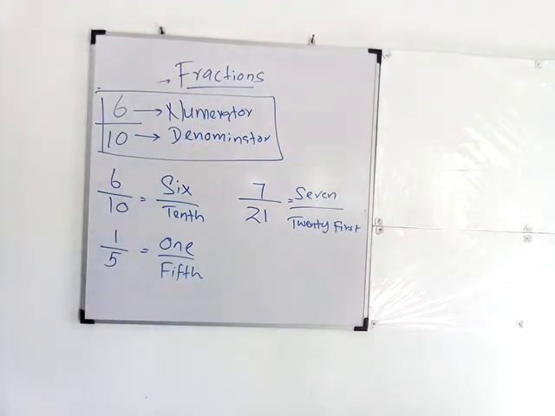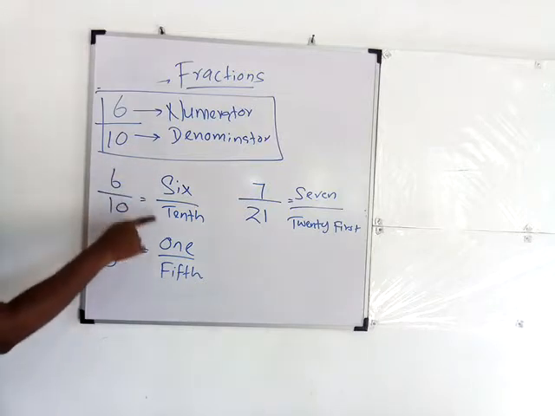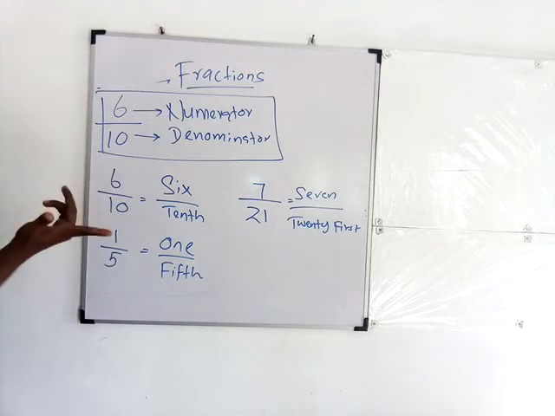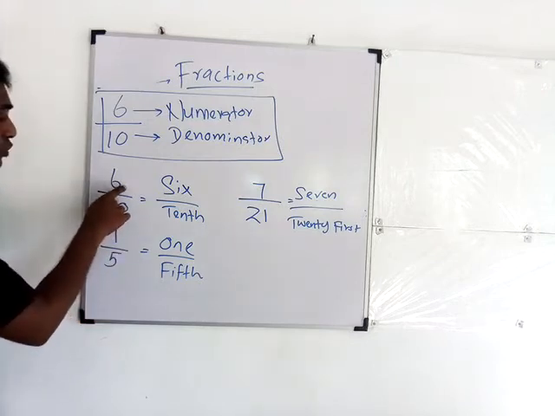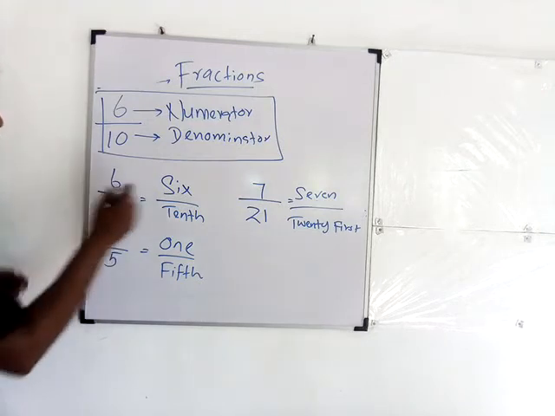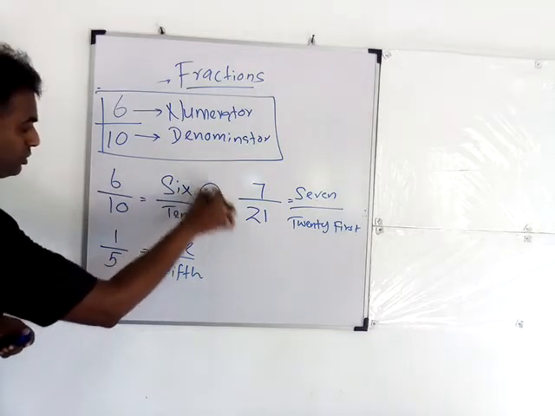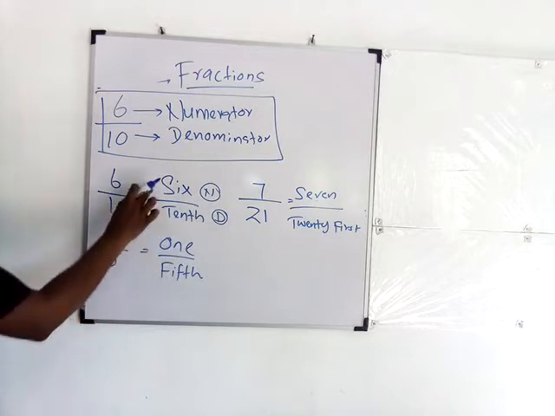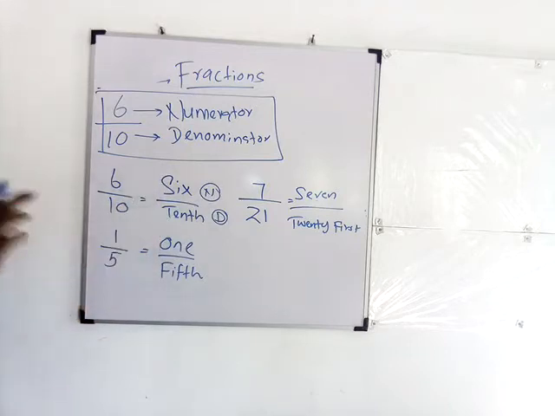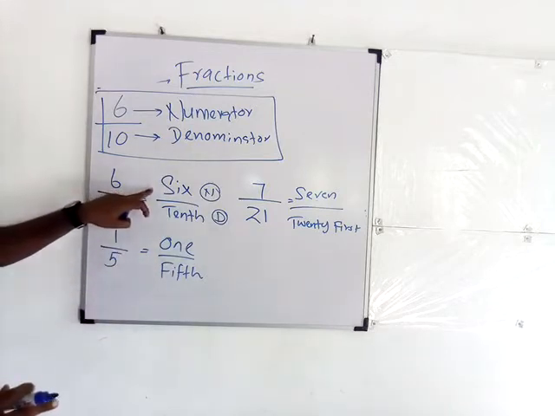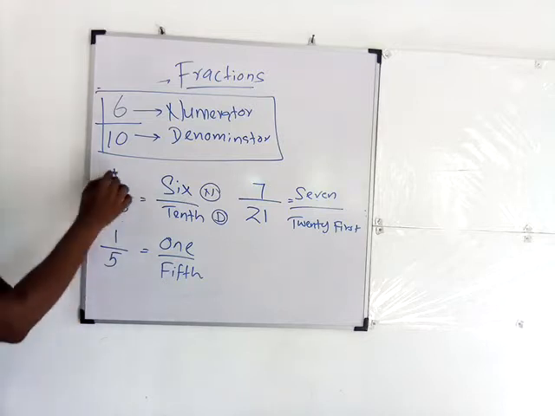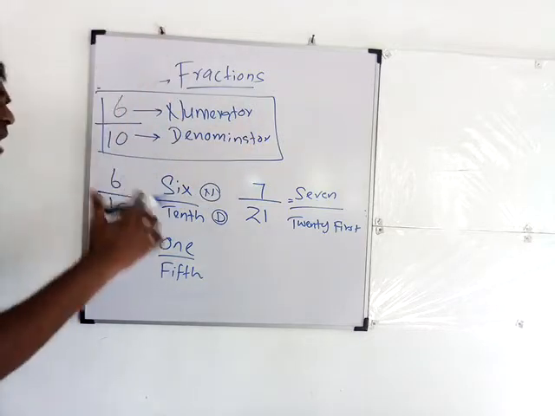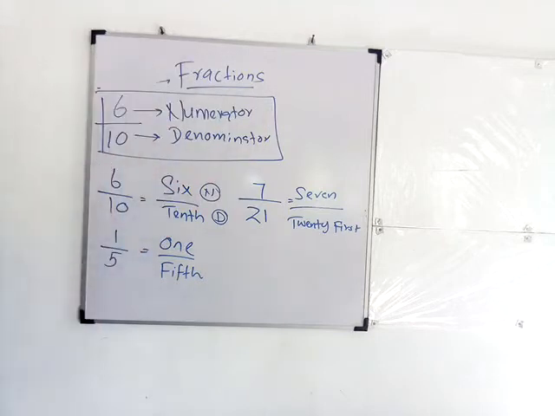How do we read? What is the pattern? First, 6/10. What happened? First we read the numerator, second we read the denominator. 6, 10. But especially when we read the numerator, we read it as a normal counting number: 1, 2, 3, 4, 5, 6, like that.